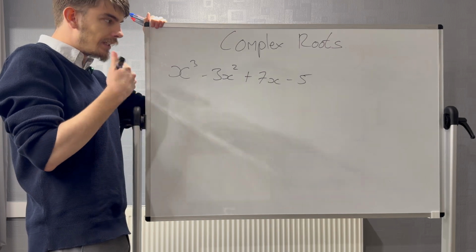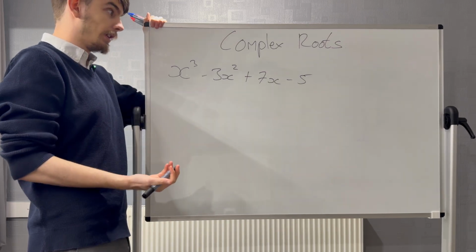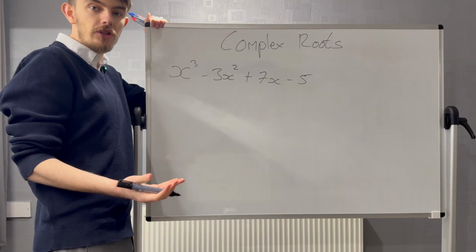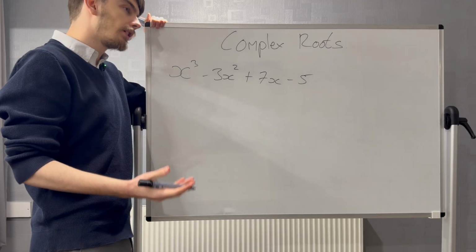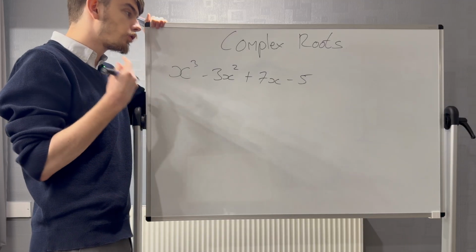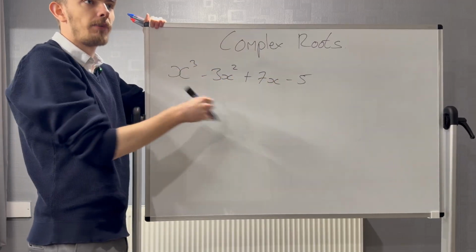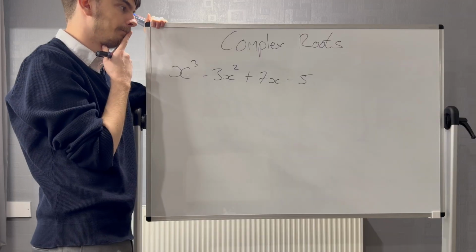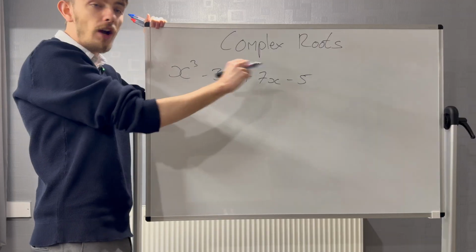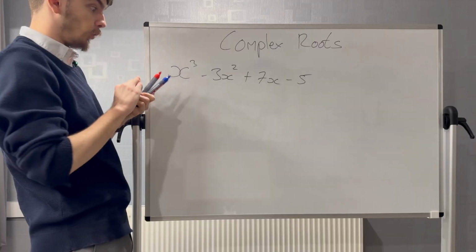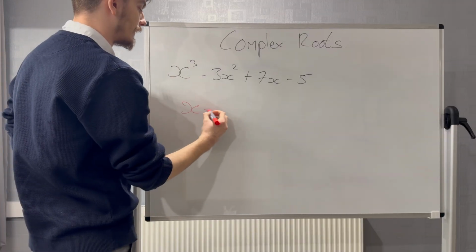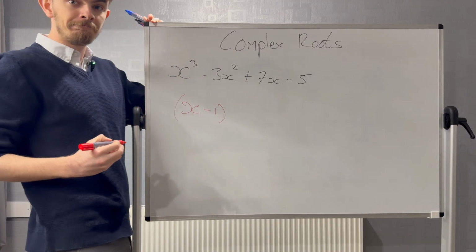Now, if I were to ask you to solve this cubic, there might be a couple of ways you could do that. But the way we're going to do it is we are going to try and split this into a quadratic multiplied by something that's just got 1 power of x in it. So I can always divide a cubic by, for example, x minus 1.